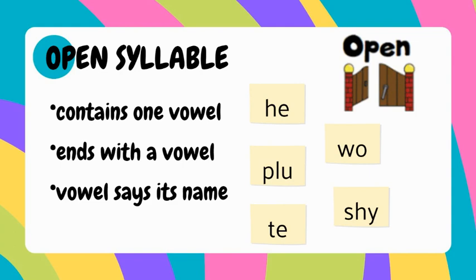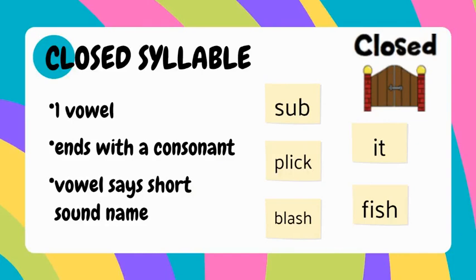They would know to say plu, right? And then as opposed to plu, they would hear that U sound. The WO, whoa, right? Versus there you're hearing that O sound. The shy, SHY, would literally say its name, the I sound, shy. And then you have T, where you have the TE and the E saying its name. This is the open syllable type.